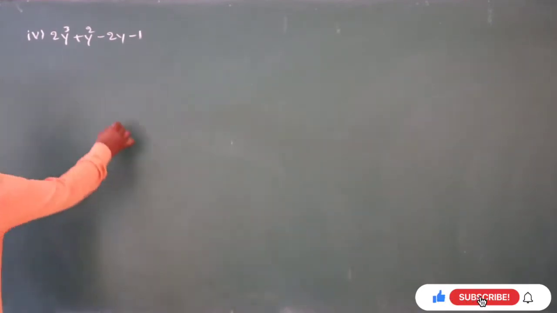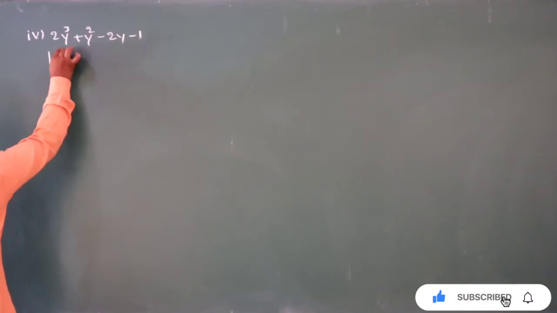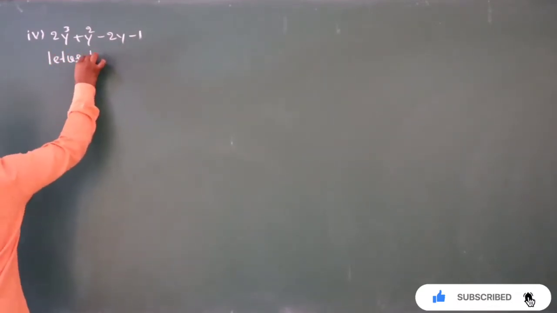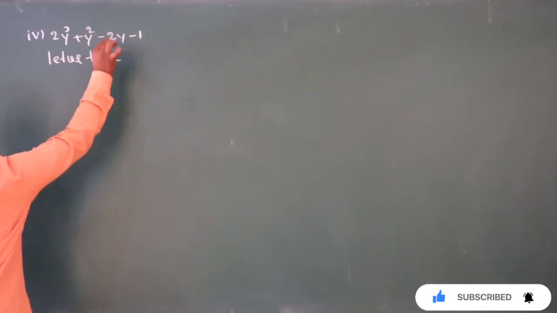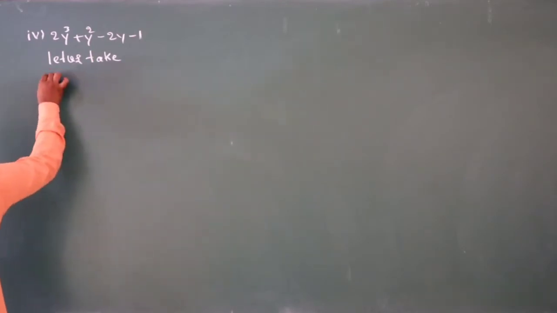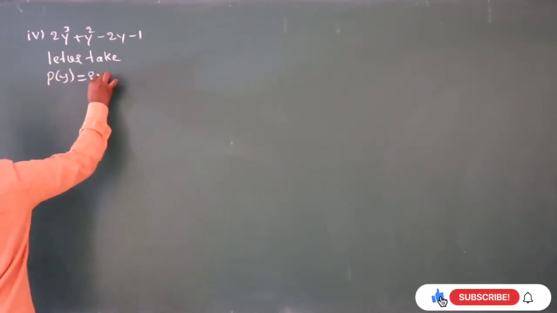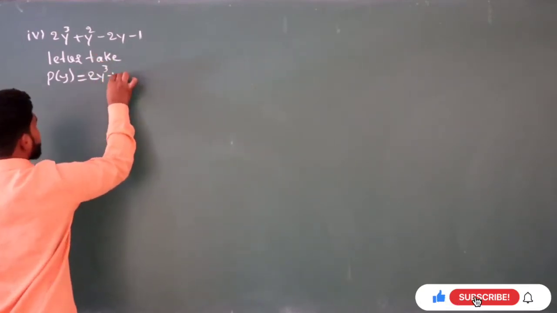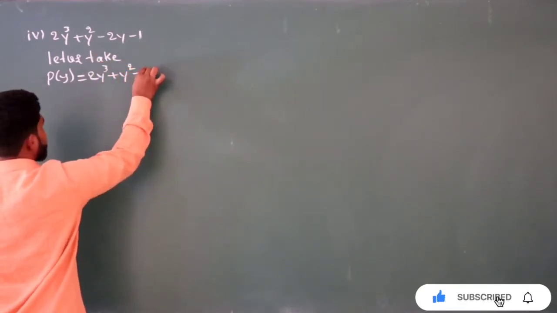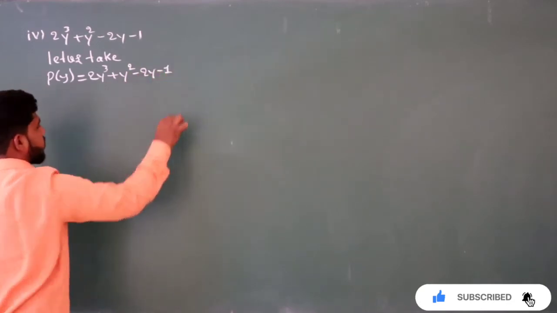Now, let us take p of y is equal to 2y cube plus y square minus 2y minus 1.